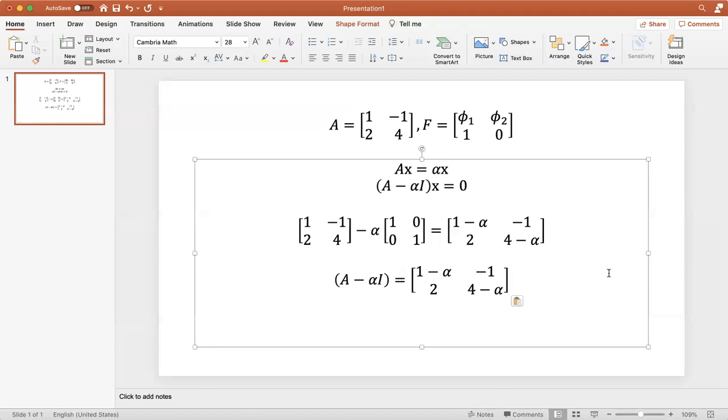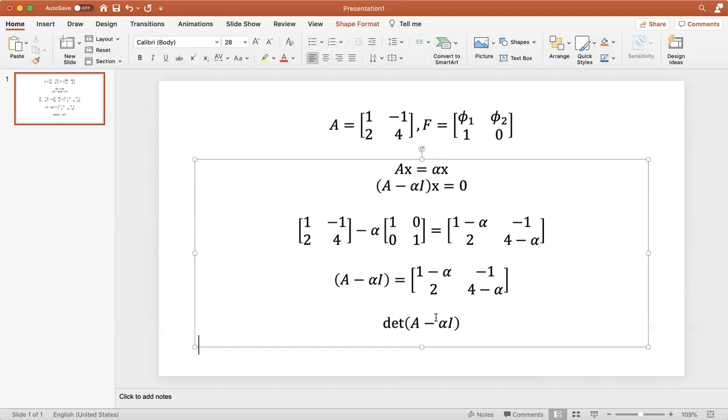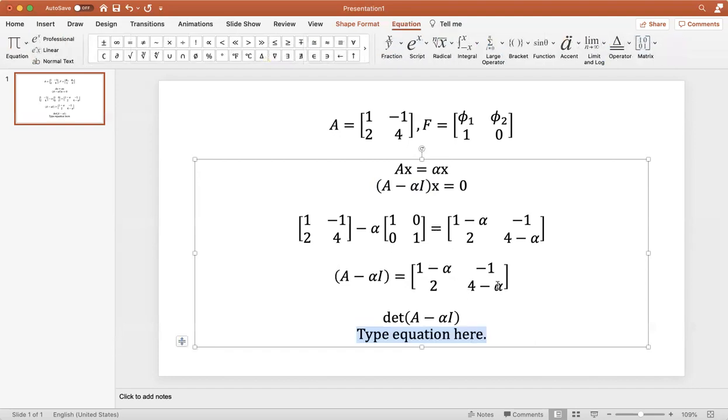Now, to solve for alpha, we will use the fact that this is a singular matrix, and being a singular matrix implies that the determinant of A minus alpha I must be 0. And what's the determinant of A minus alpha I? It is obtained by getting the determinant of this 2 by 2 matrix.